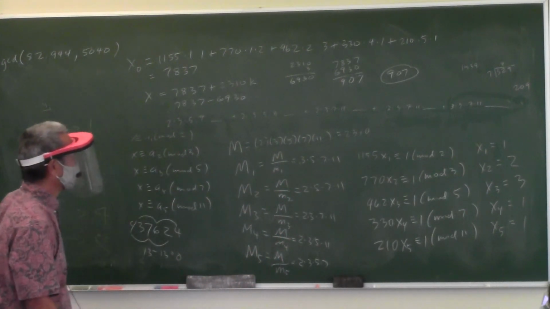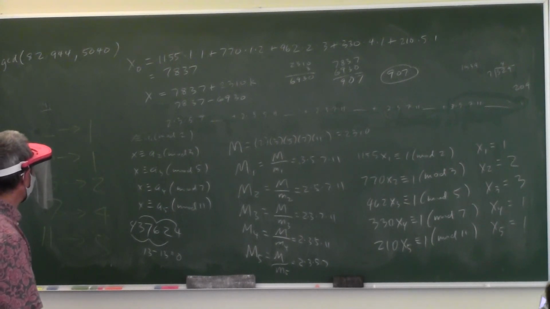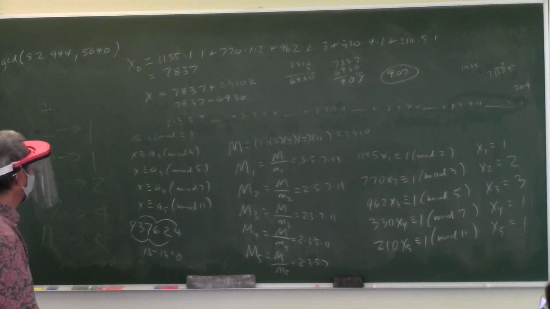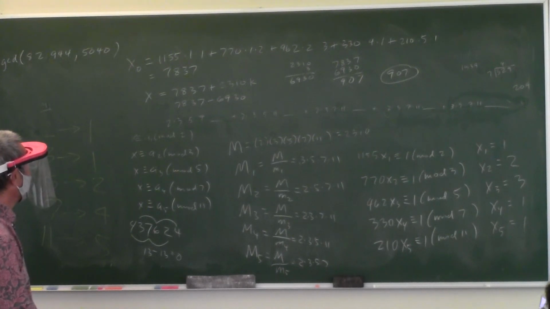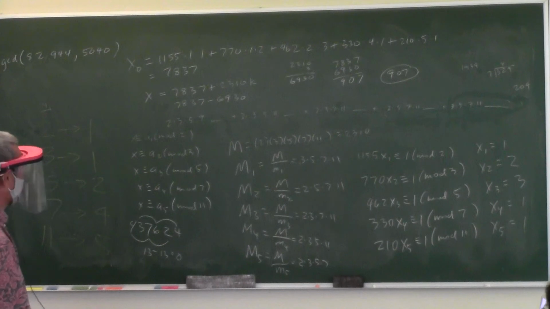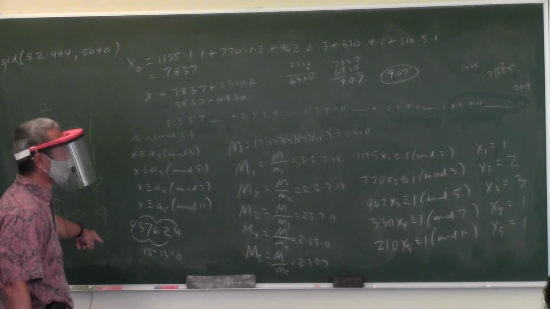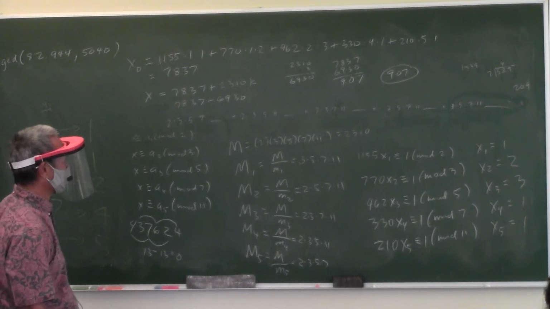Wouldn't it be easier to just put those yellow numbers on the right, the A's, in place of all the ones, and then just solve it straight like that?